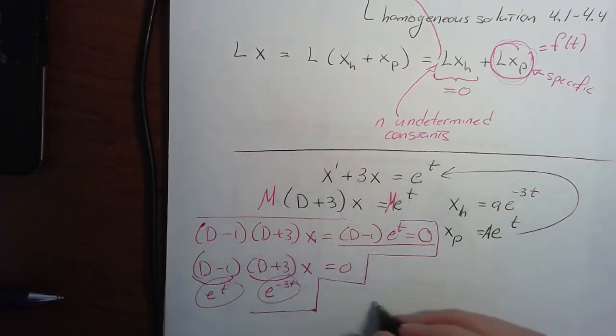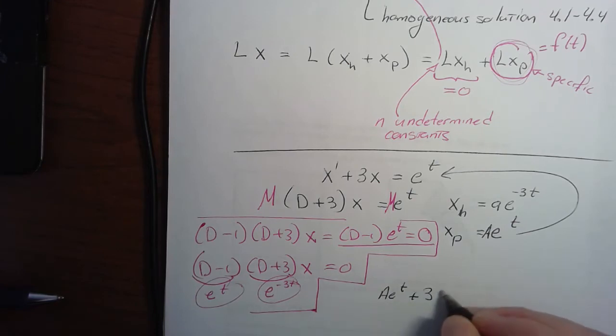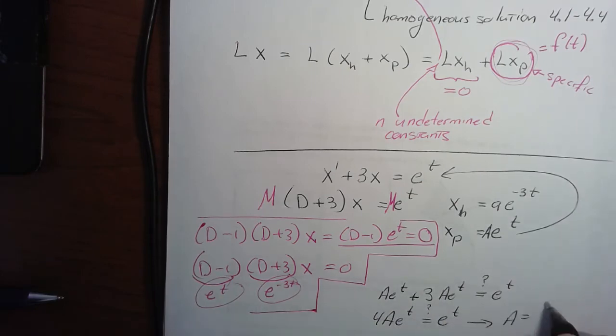So I'm going to have x prime, which is a e to the t, plus 3a e to the t equals question mark e to the t. And so this is 4a e to the t equals question mark e to the t, which is true if a equals 1/4.